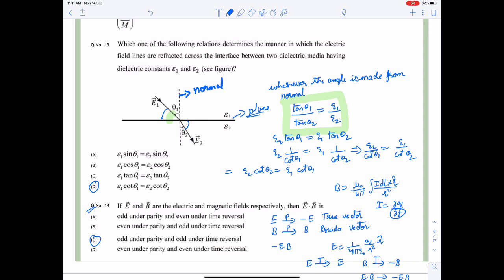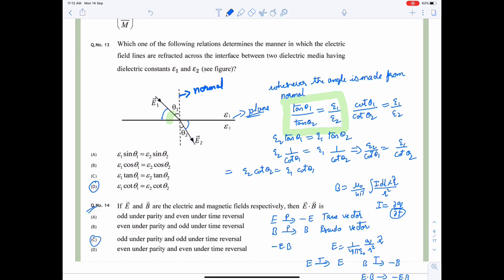Then what will be the formula? The formula will be cot theta 1 upon cot theta 2 is equal to epsilon 1 upon epsilon 2.